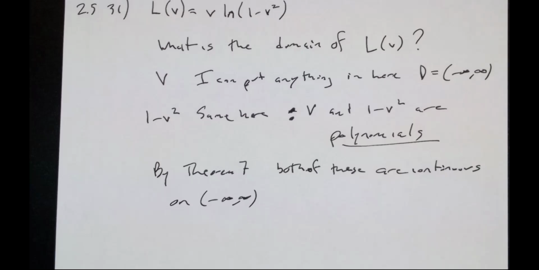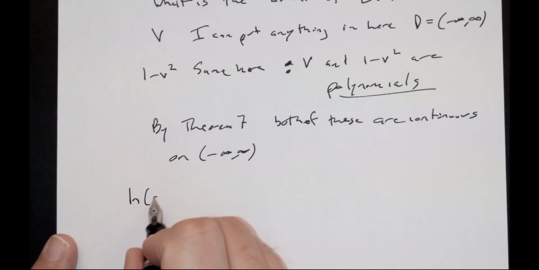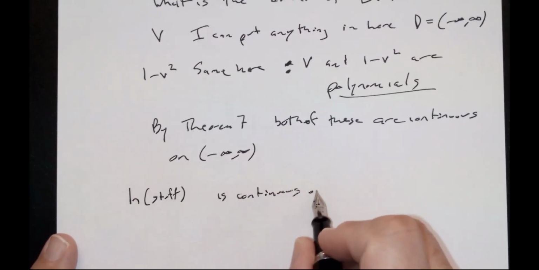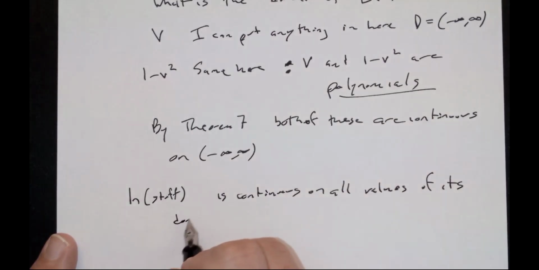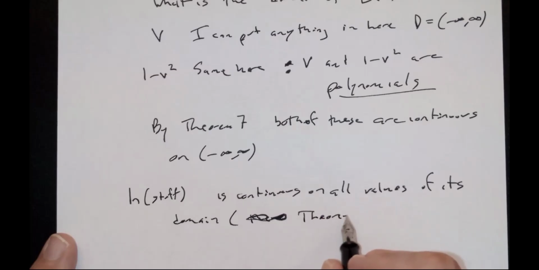But I still have to take care of that ln. Again, according to theorem 7, what does theorem 7 say about logarithms? They're continuous on all values of the domain. Theorem, I can spell 7.